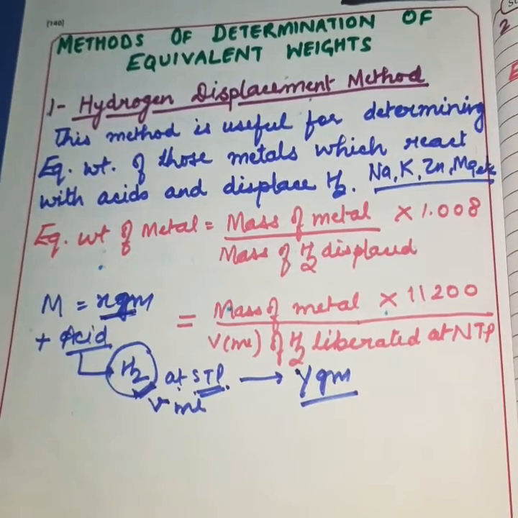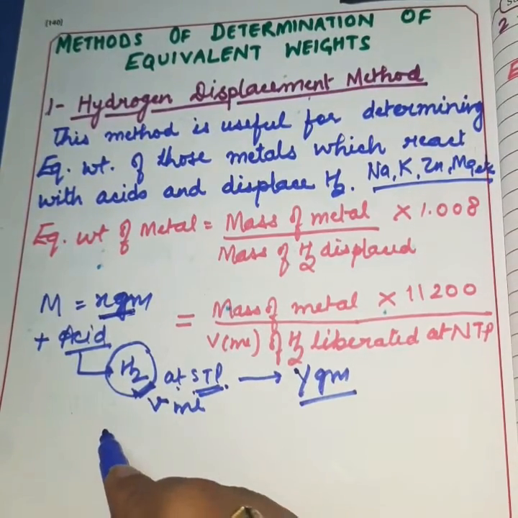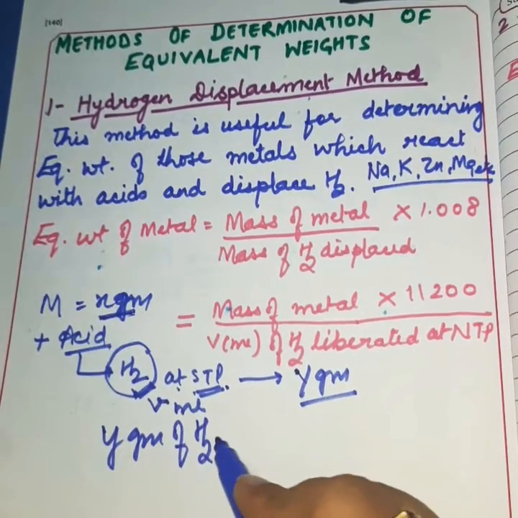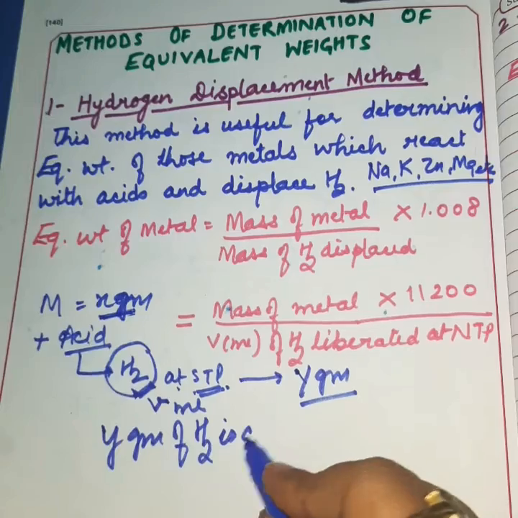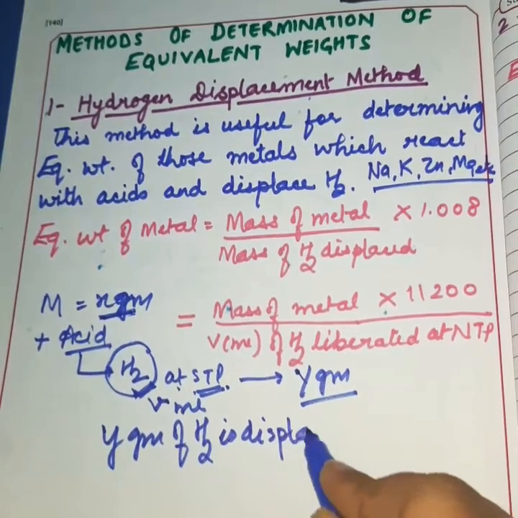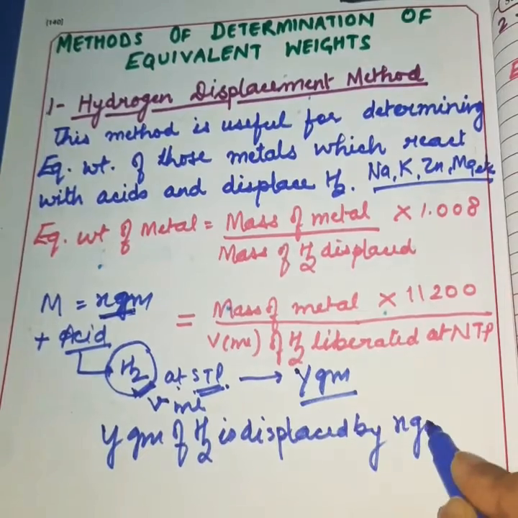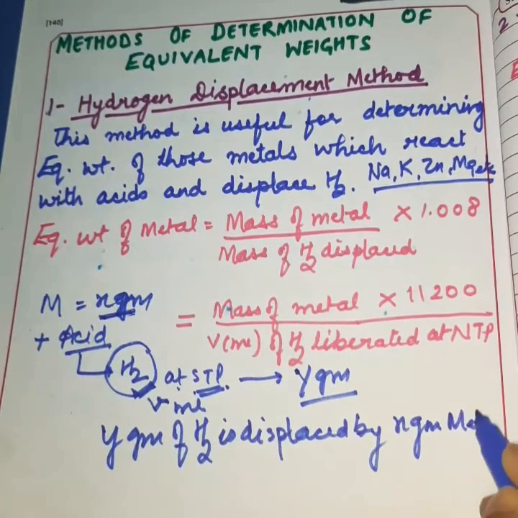See here. y gram of hydrogen is displaced by x gram metal.